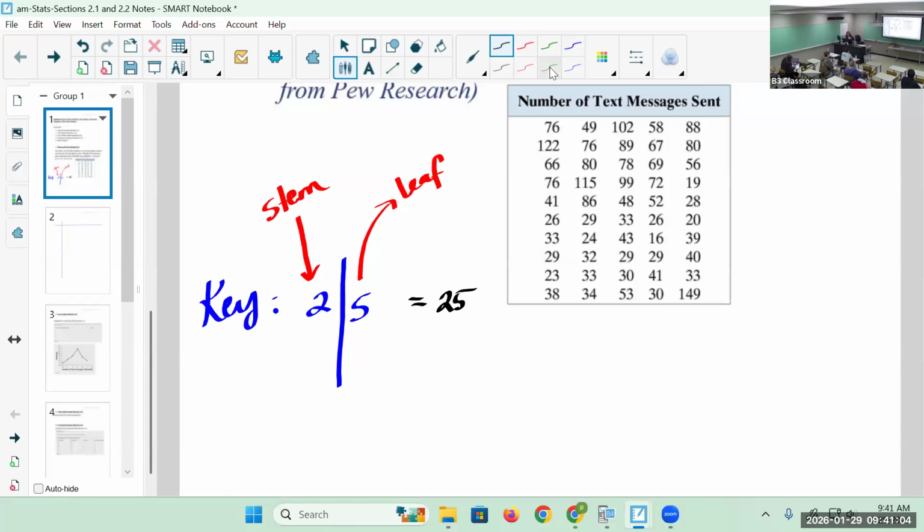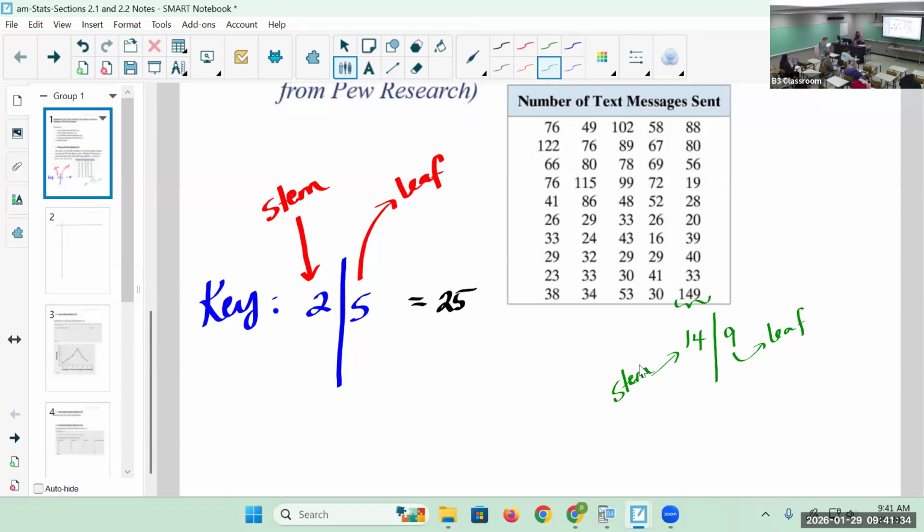But what happens if you have something like 149, which, by the way, I think is your highest entry? You're going from a stem of 1 to a stem of 14. This would really be 14 and 9. This is the stem, and this is the leaf.